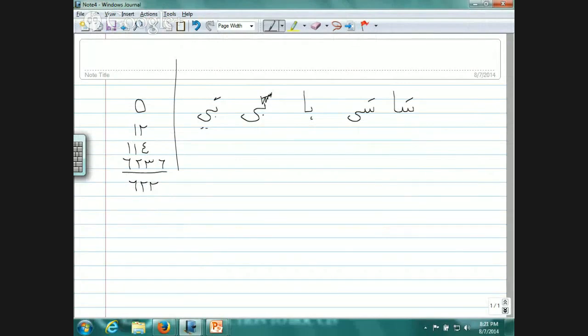Who can tell me why 622? Number of surahs in the Quran? 114. We did that one. Number of letters in some random surah? I would love for you to tell me that one. First revelation?